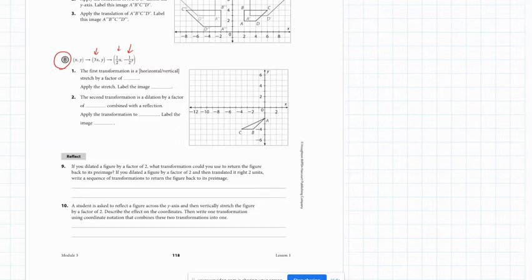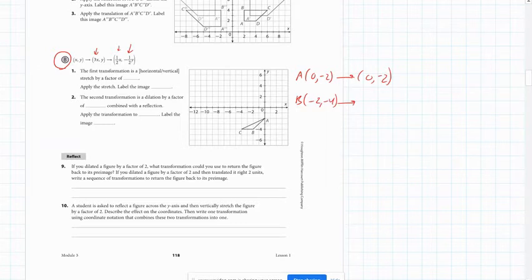And so if I start with the point A, which is at 0, -2, then the first transformation is going to send it to 3 times 0, which is still 0, and y, so that point didn't move. The point B is at -2, -4.